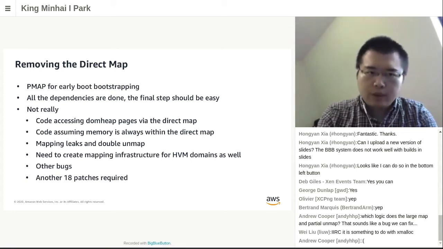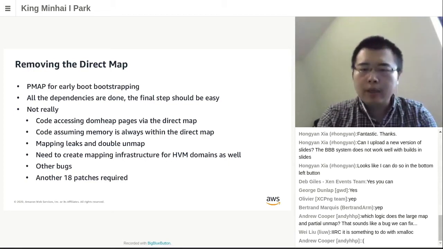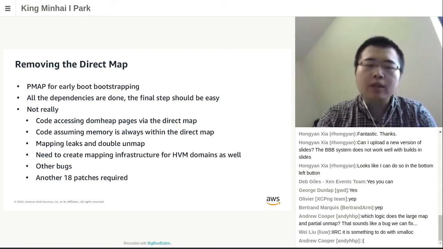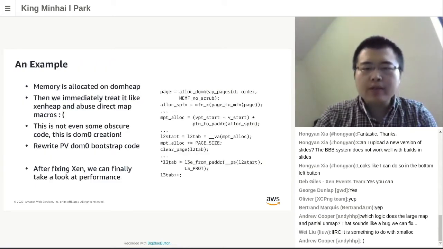We have to initialize the map cache for the idle domain and for HVM guests as well. And there are some other bugs, which means we need another 18 patches to fix Xen to make it work without a direct map. I will give you a quick example of how Xen is sometimes broken.